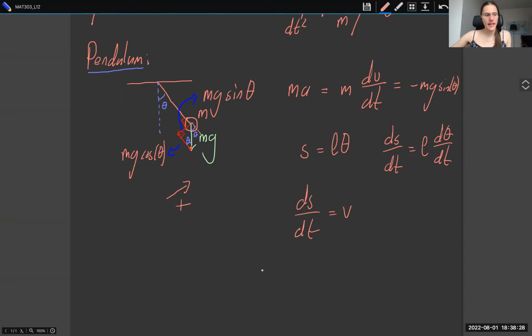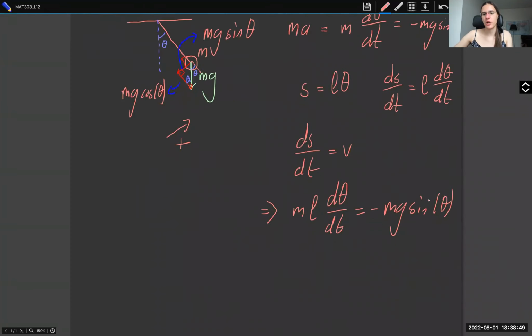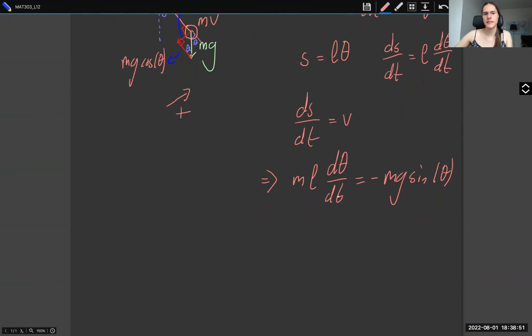So what all of that together implies is that we have m L d theta/dt is equal to negative mg sine theta. And we can see that the mass of this object doesn't change the motion at all. The mass cancels out on both sides.